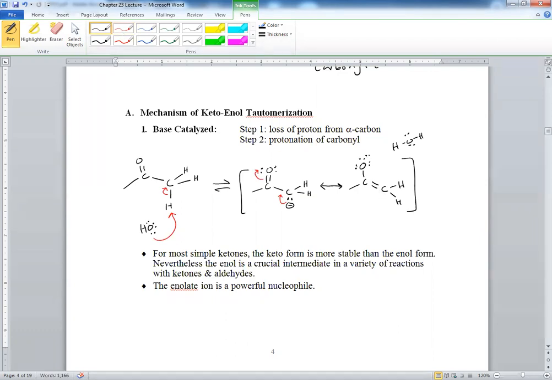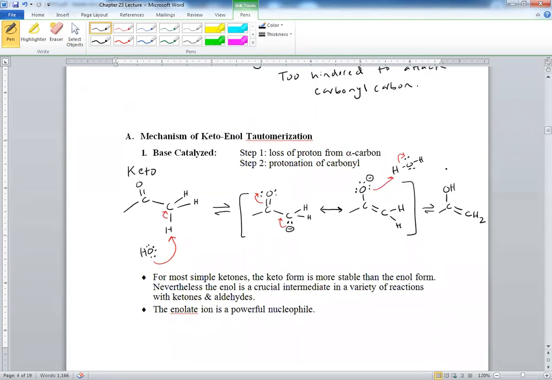This is negatively charged, so we have water, we can protonate. So this is the keto form, and this is the enol form.